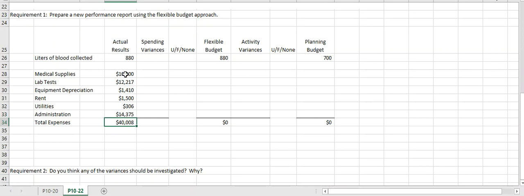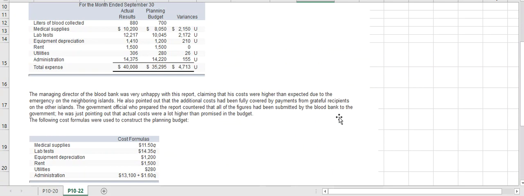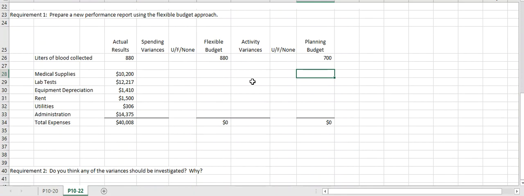All right, so we have total expenses for our actual results of $40,008. I'm going to hop all the way over here to the planning budget because mostly I like to do things that I know fairly easily first. And since the planning budget amounts are given in the instructions, we can just plug those in. So we actually have all these amounts here, and they're going to come straight down over here under the planning budget.